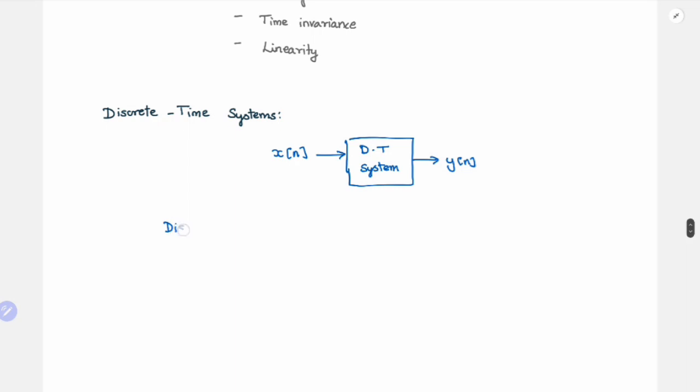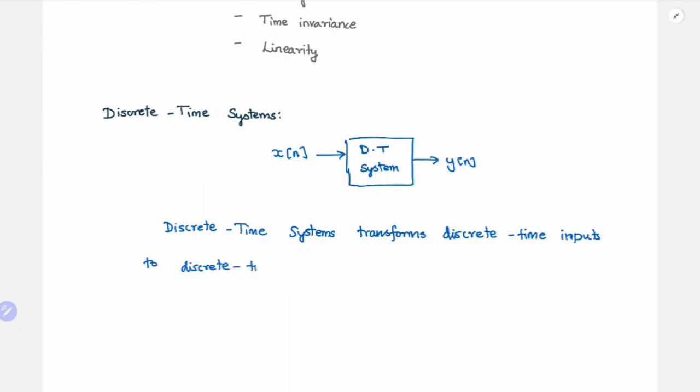So discrete time systems transform discrete time inputs to discrete time outputs.